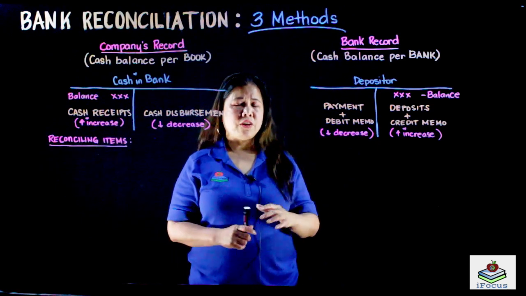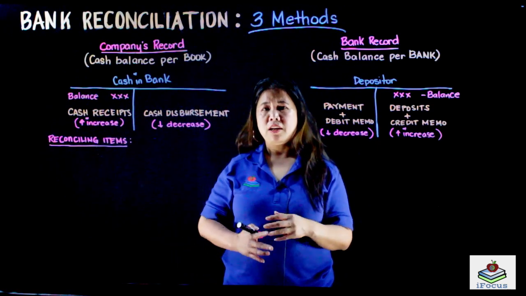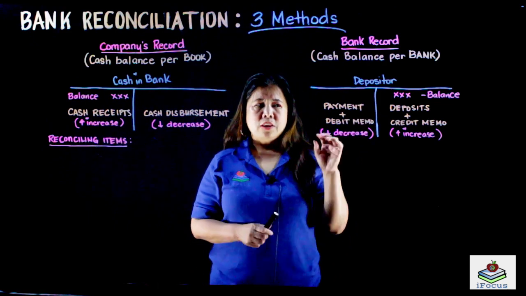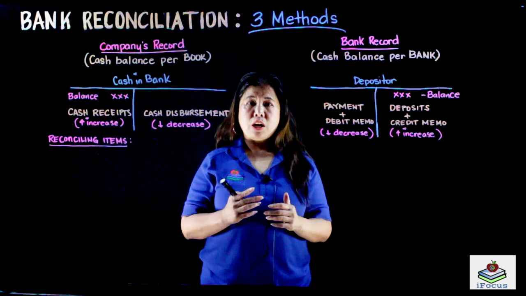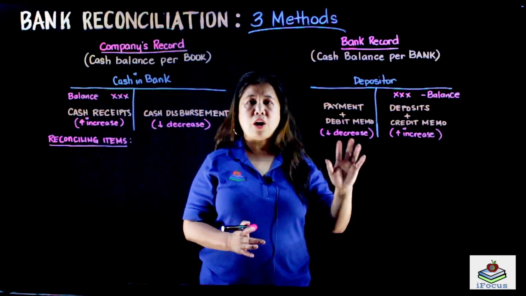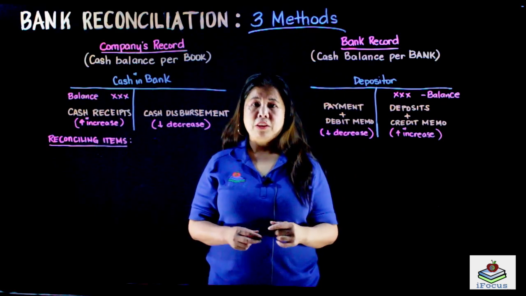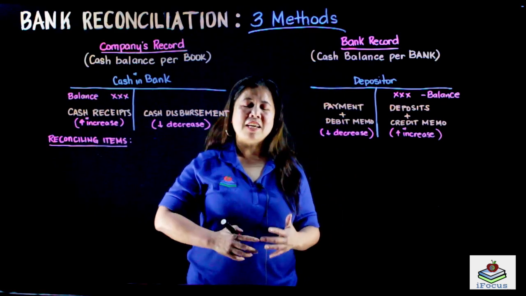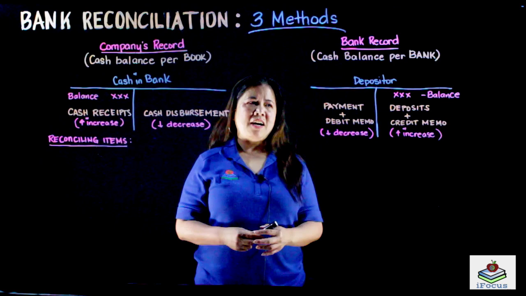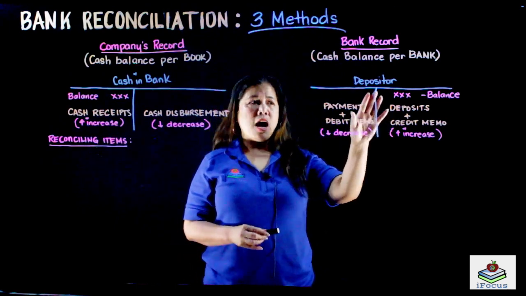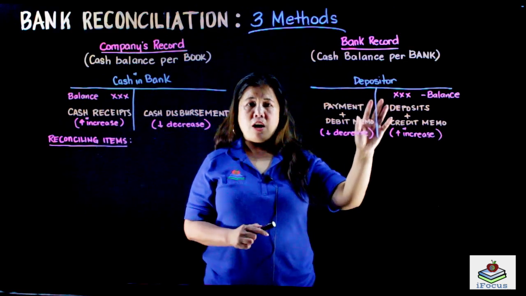On the bank's records, ang minimaintain ng bangko is the account depositor or the name of the company. Let's say for example, Boracay Company sa kanyang depositor. Gagamit tayo ng depositor para mas madali nating matatandaan. So on the bank's record, they maintain the depositor's account or the name of the company.